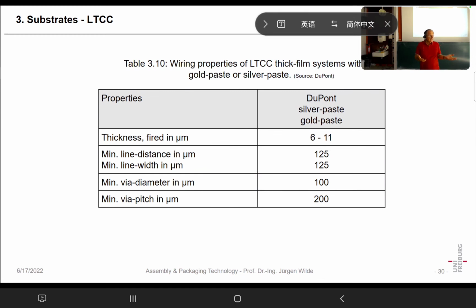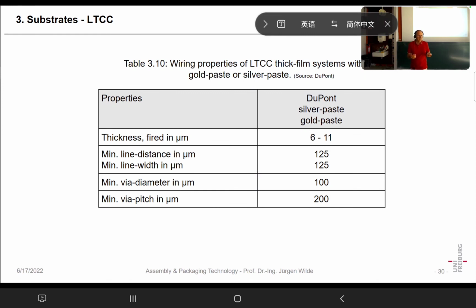So that's much thinner than vias we have in printed wiring boards. And the minimum via pitch is given here as 200 micrometer. I think that sounds quite low to me, but the company specified it in that way. And that's a reason why we can have such a high wiring density.